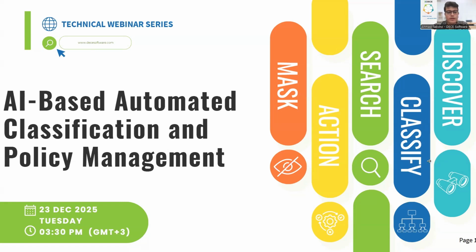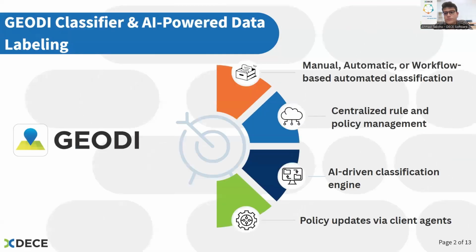Today we'll be talking about AI-based automated classification and policy management with GeoDD SPM. As you might know, GeoDD Classifier provides many features and many customizations on the classification process.